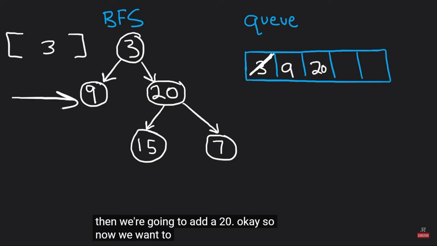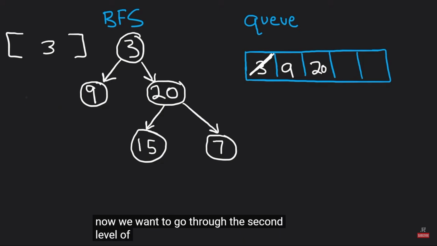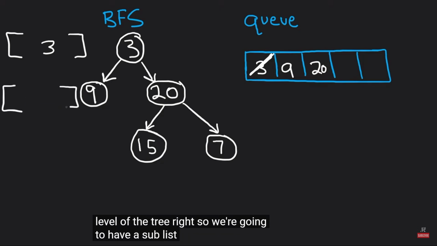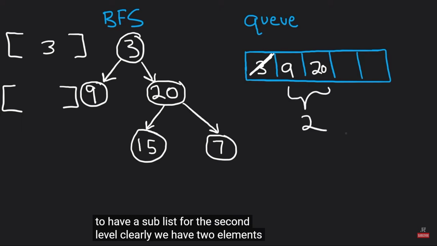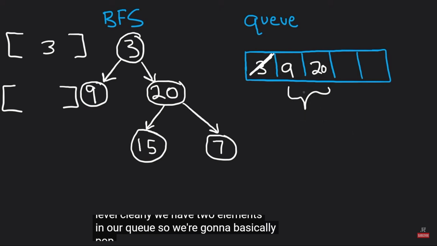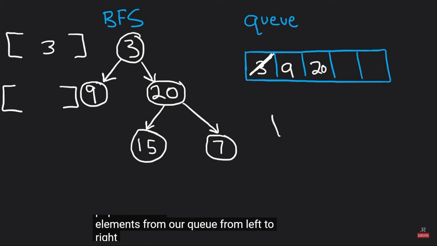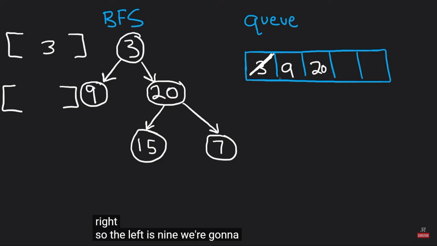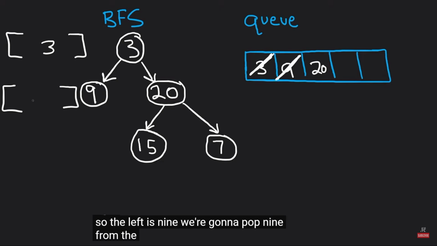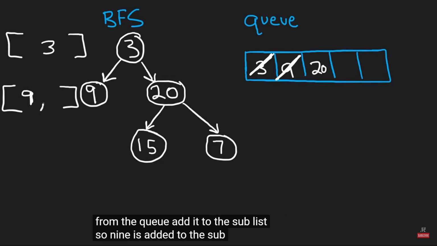Okay, so now we want to go through the second level of the tree, right? So we're going to have a sublist for the second level. Clearly, we have 2 elements in our queue. So we're going to basically pop these 2 elements from our queue from left to right. So the left is 9. We're going to pop 9 from the queue and add it to the sublist. So 9 is added to the sublist.